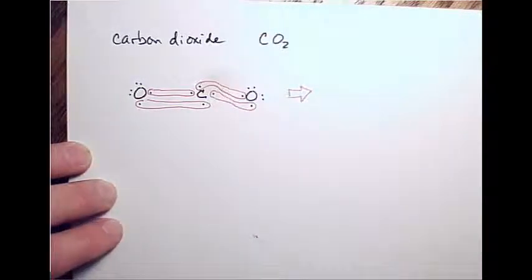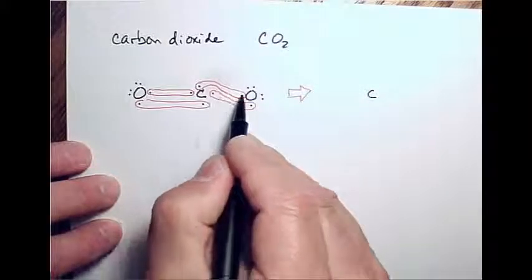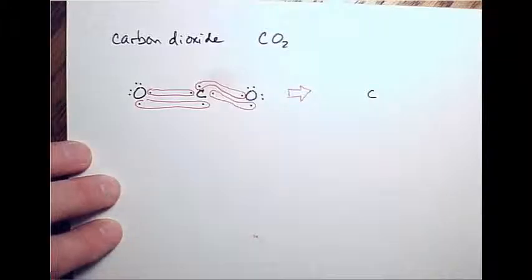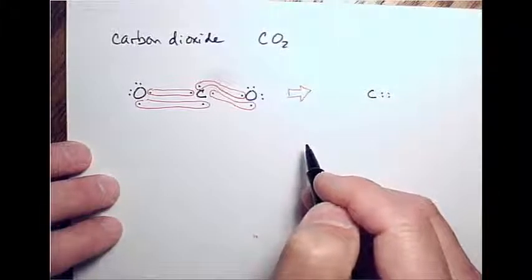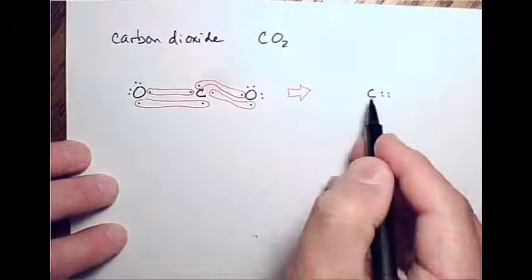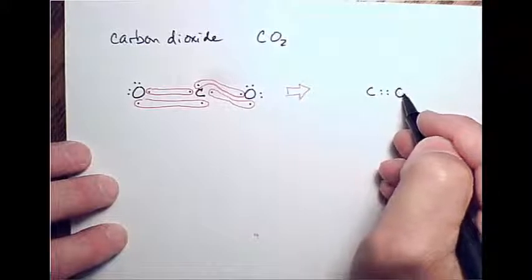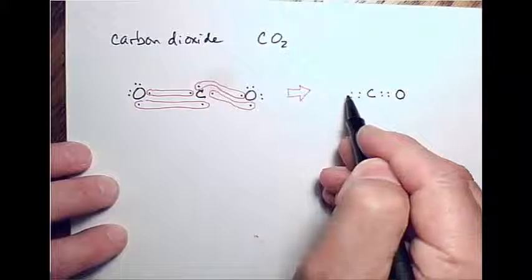And the way that we write that out in a Lewis dot formula is to put the carbon here in the middle, and since I'm sharing not 2 electrons, but 4 electrons, they're going to be put between the carbon and the oxygen in this fashion.